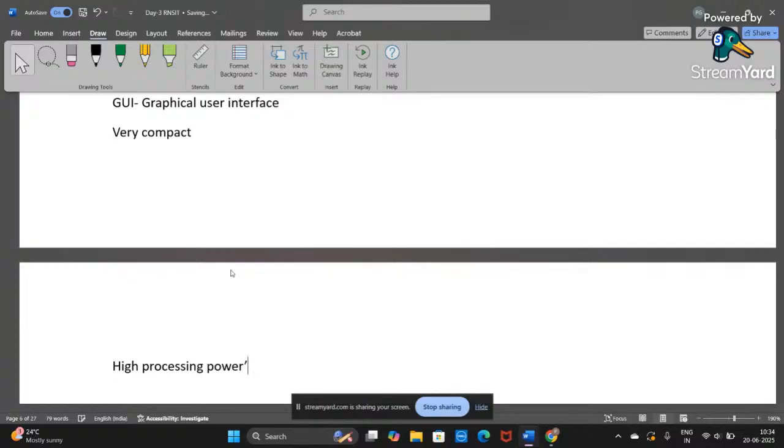Internet and multimedia developed in this. Examples for this are Intel, IBM. These are the examples of this.